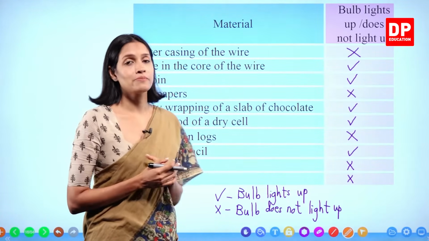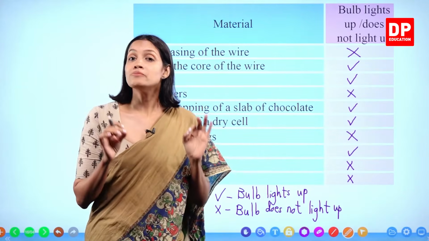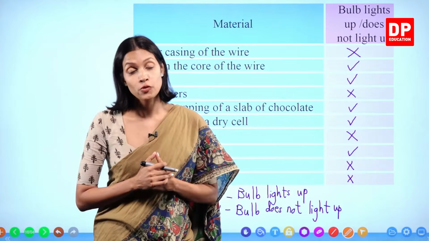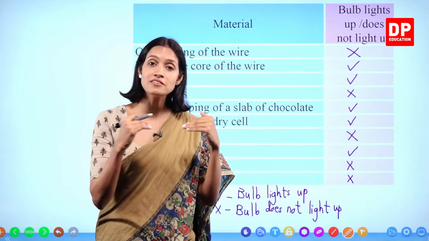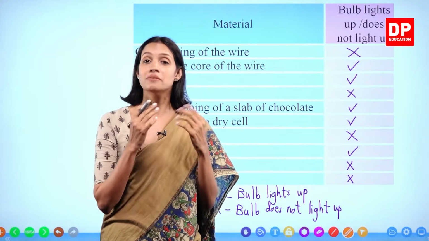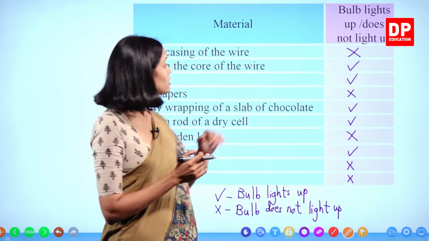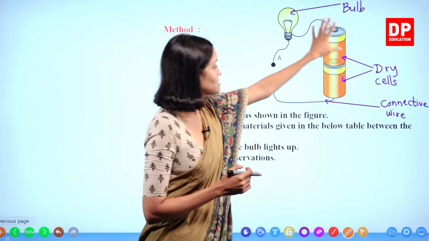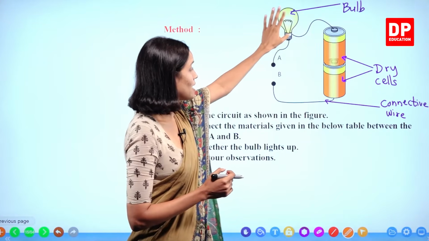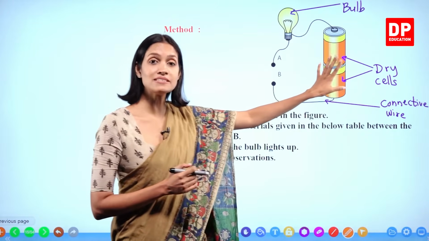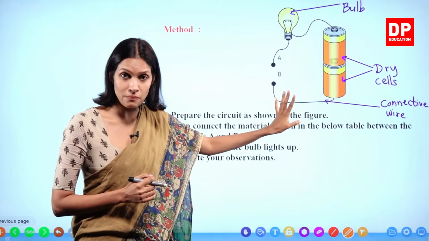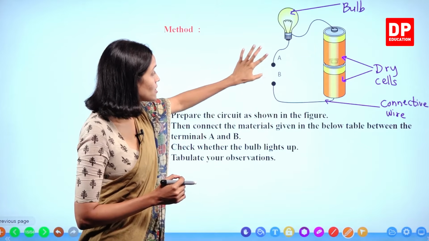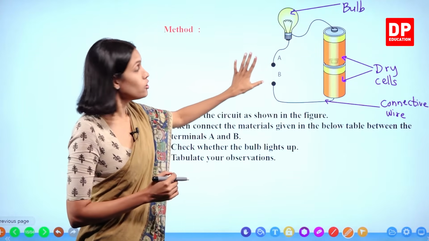Why does this happen? You all know, for the bulb to light up, there should be an electric current that should pass through it. Only if electricity passes through, the bulb lights up, right? Now you all know that when we consider all these three things given, the bulb, connective wire and dry cells, through them of course electricity passes, right? But here it depends on the material that you place in this gap, okay?